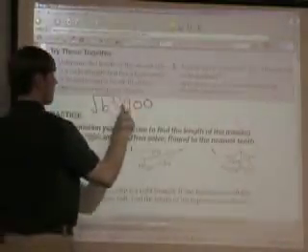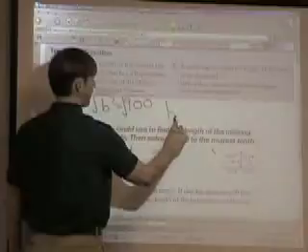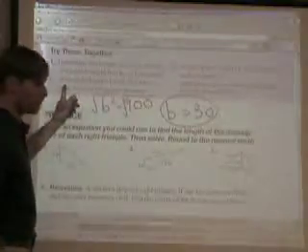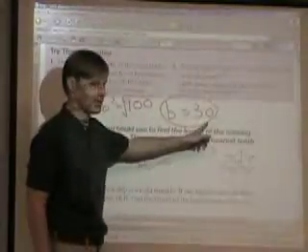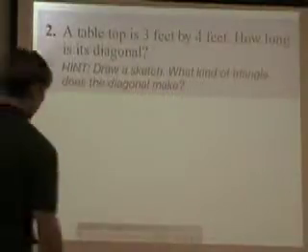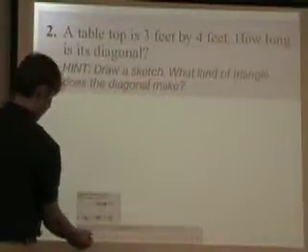Take the square root of both sides, so b is going to equal what? 30. So they told us that one leg was 40 and the hypotenuse was 50, so that means the other leg is 30.